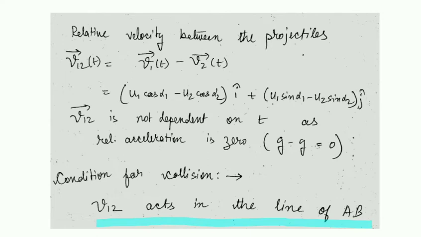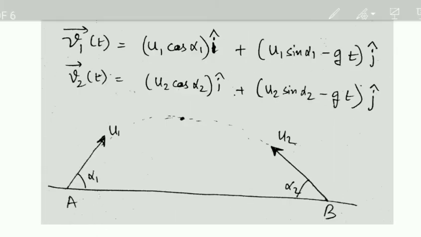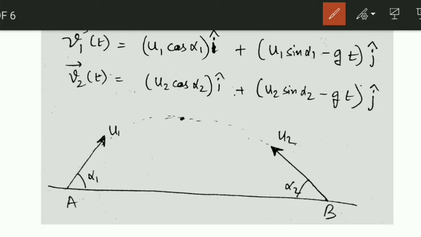First of all, why is this relative acceleration important in this discussion? What does relative velocity mean? Suppose relative velocity of 1 with respect to 2. That means the observer is at 2 and the observer is observing this velocity of 1.